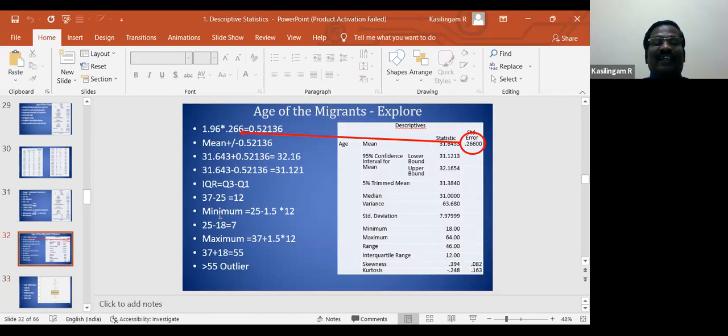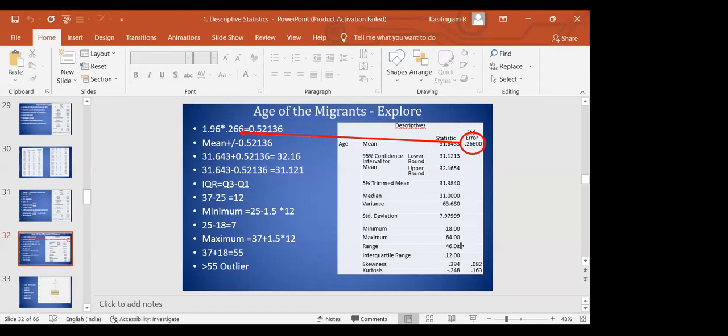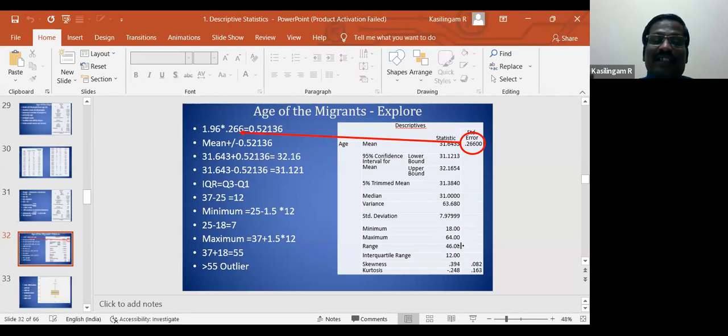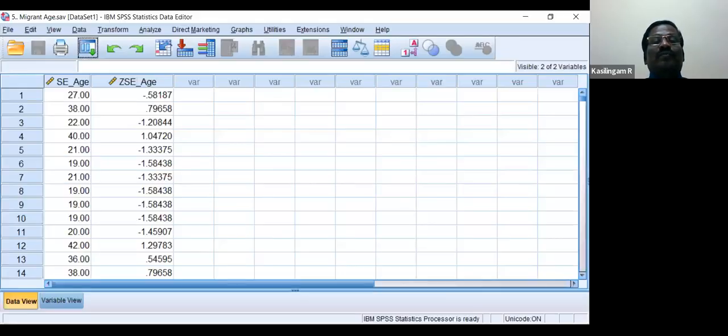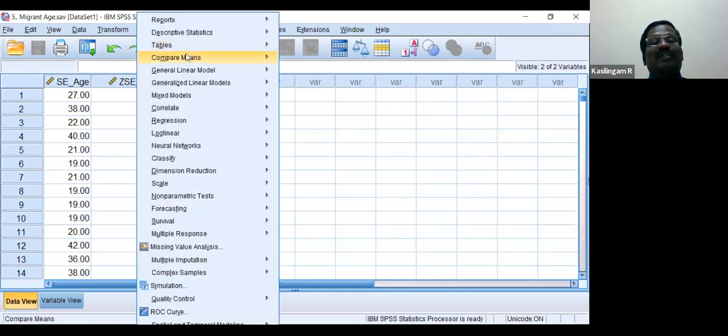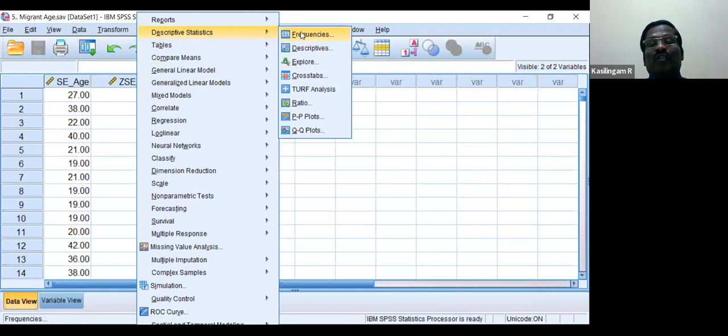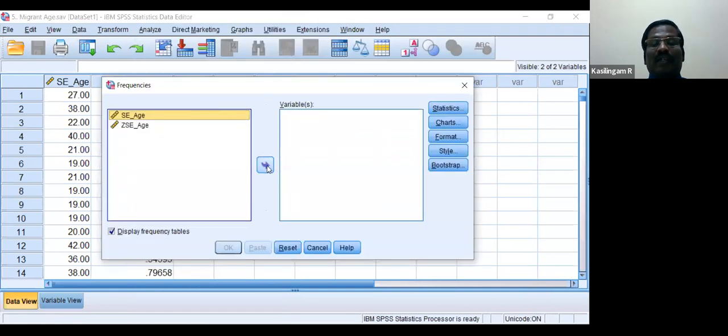Now we know IQR. What is IQR? Interquartile range, Q3 minus Q1. What is Q3? 37. Let me show it. Let me put the frequency analysis right here.